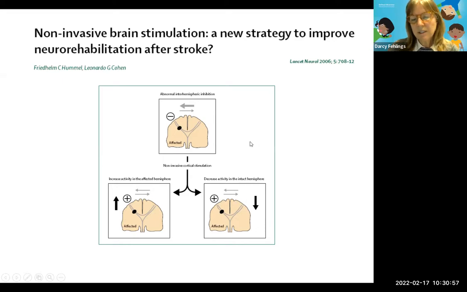One of the interesting things they discovered is that when you had a stroke, one of the ways the brain reacted is that the hemisphere that was not injured suppressed the hemisphere that was injured. There was this interhemispheric inhibition that, in this particular case, non-invasive brain stimulation could release and rebalance the activation across the hemispheres.